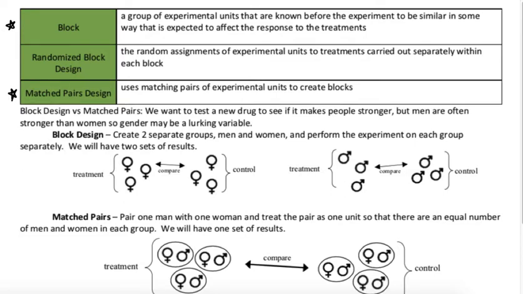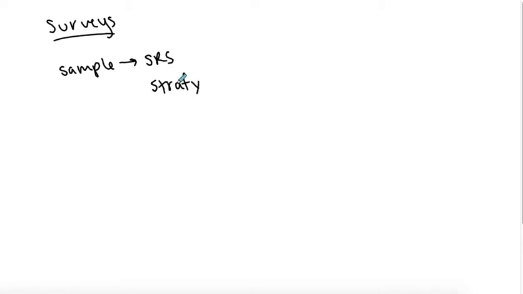When we looked at surveys, we could sample a couple of ways that were good: an SRS, a stratified, and we did cluster. So when we did surveys, these were three good ways to take our sample and give those surveys to them.